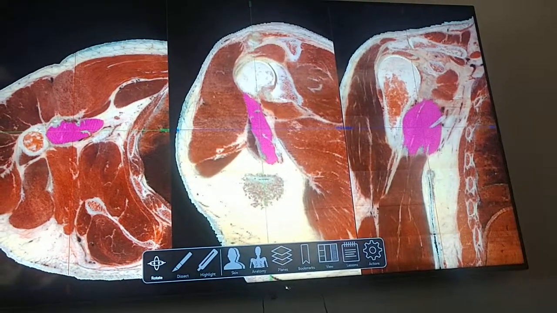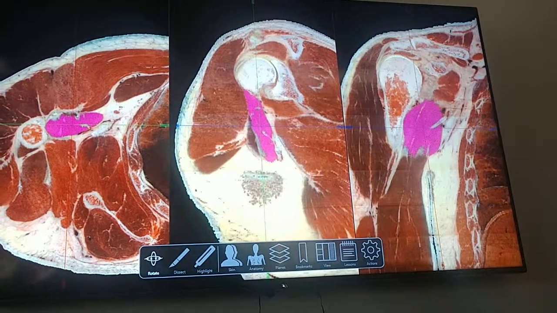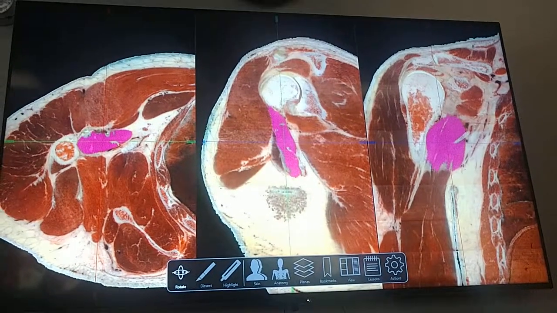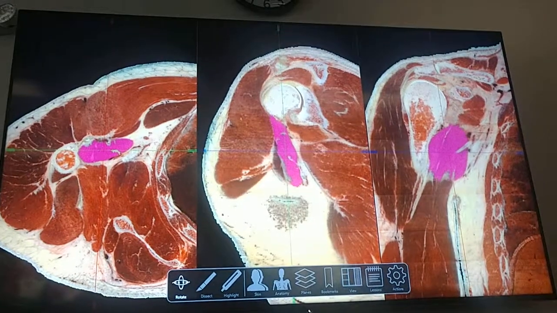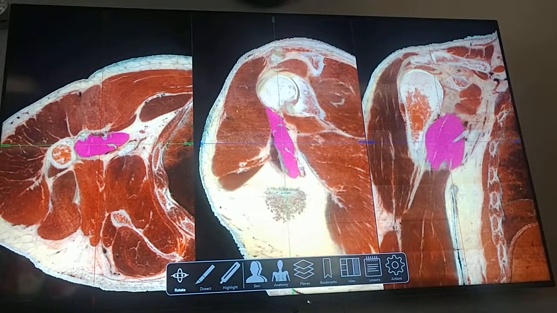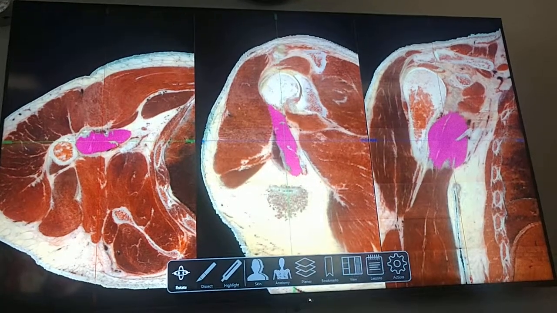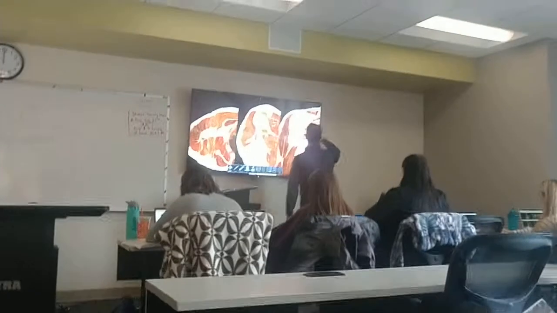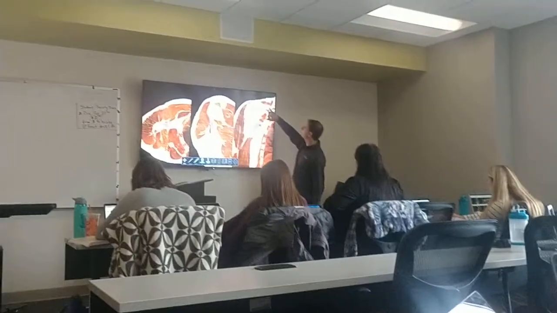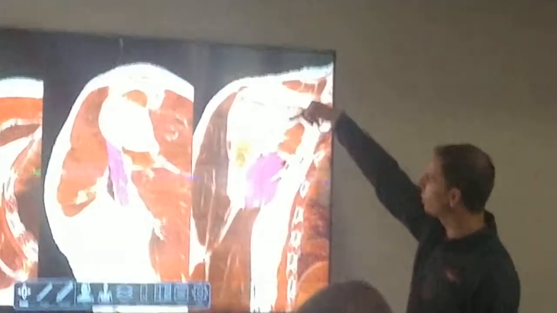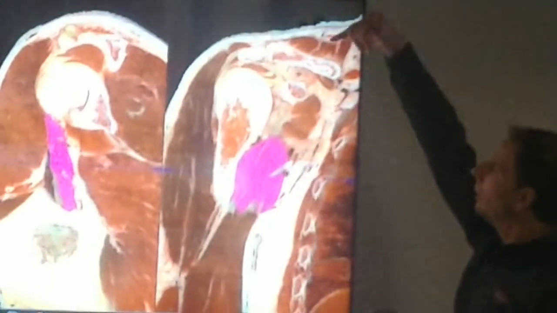I can see in both the sagittal and the coronal planes the orientation of those fibers. They seem to be longitudinal, going up and down, right? I can see part of my clavicle right over here, or maybe part of the clavicle. That's part of the coracoid, right? And so I see acromion, I see clavicle.